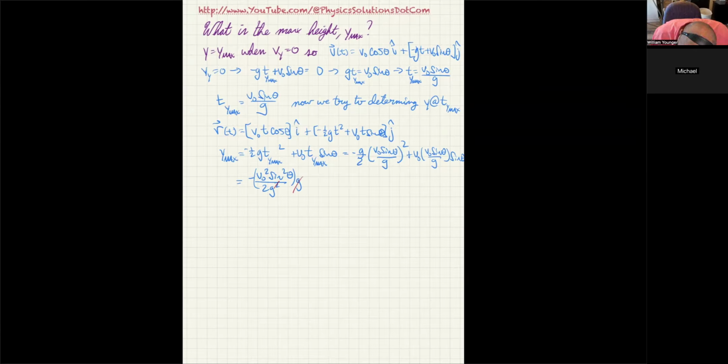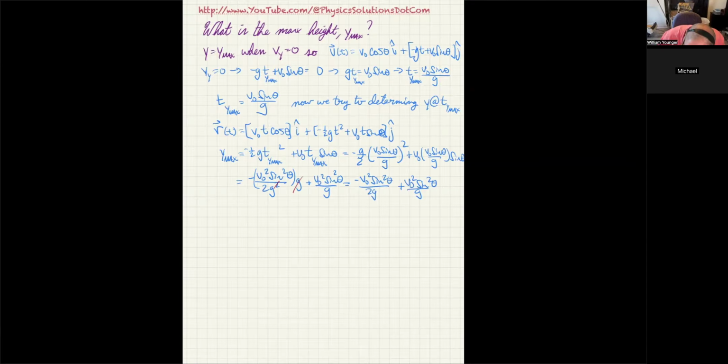The other term is plus v0 squared sine squared theta over g. So we get negative v0 squared sine squared theta over 2g plus v0 squared sine squared theta over g.